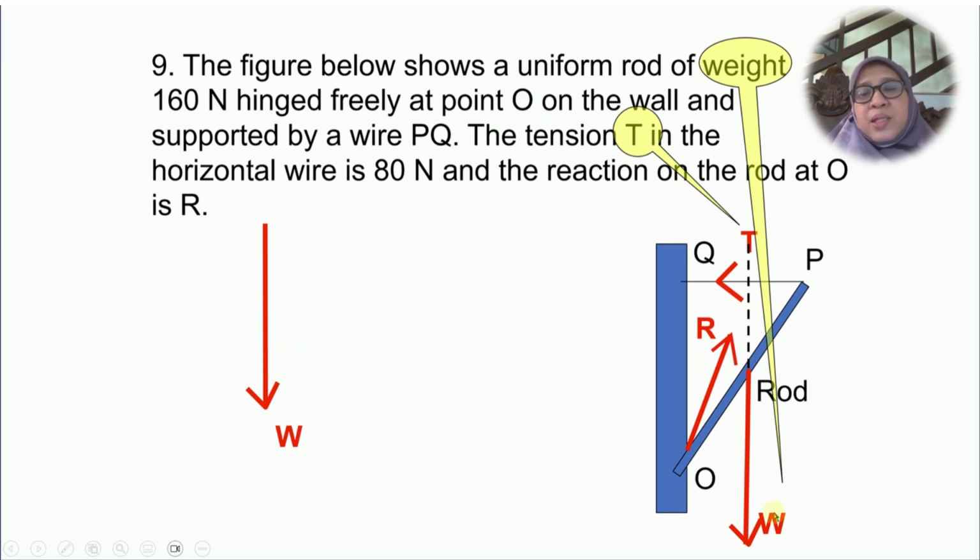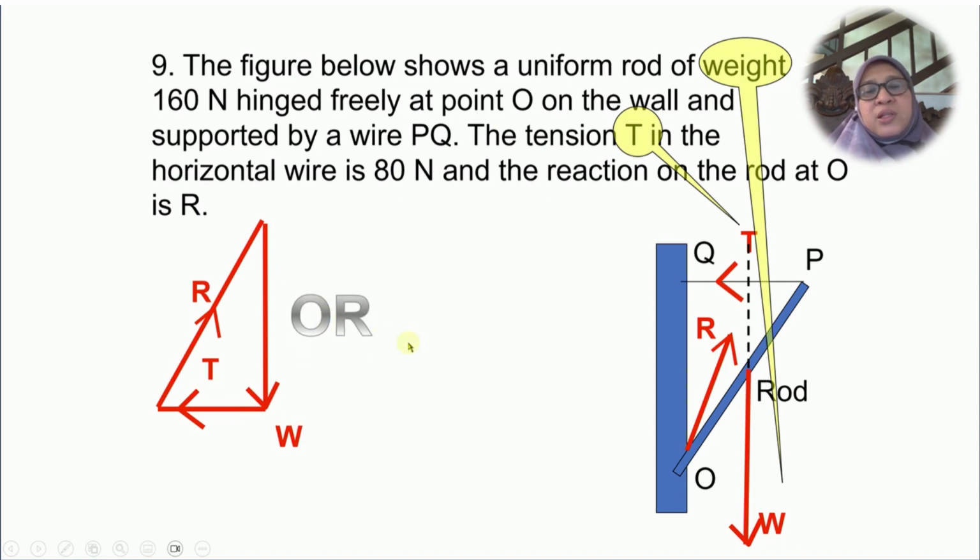So we start with the weight downward, then followed by the tension in the string, and lastly the reaction by the wall. We join the whole triangle because all the forces are in equilibrium. So this is the vector diagram for equilibrium.